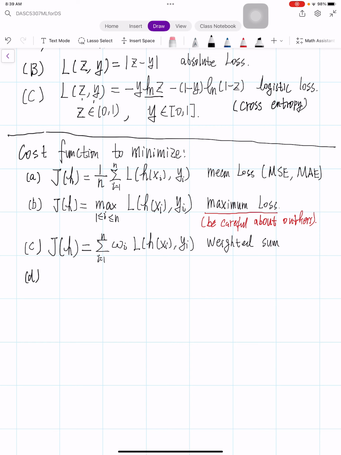There are another two types of cost function, where you not only consider the loss on every data point, but at the same time you also want to give some restrictions on the parameters. You give some regularization. So if you apply any one of A, B, C loss cost functions, you add a penalty for large parameter values.